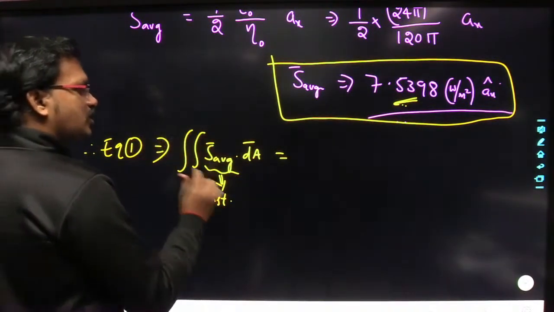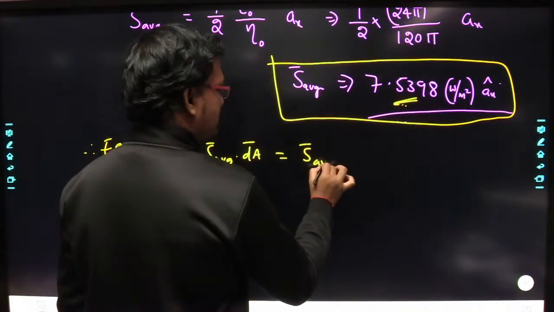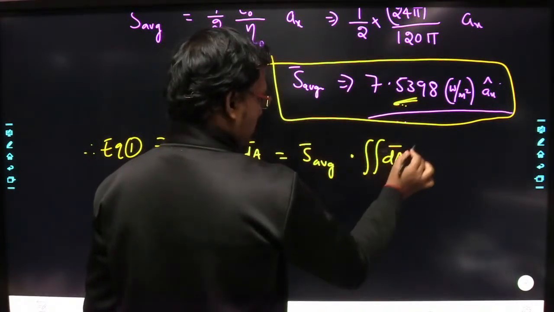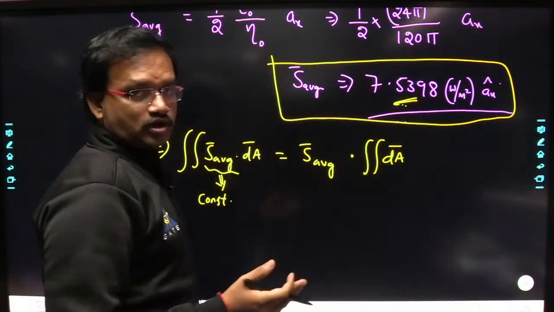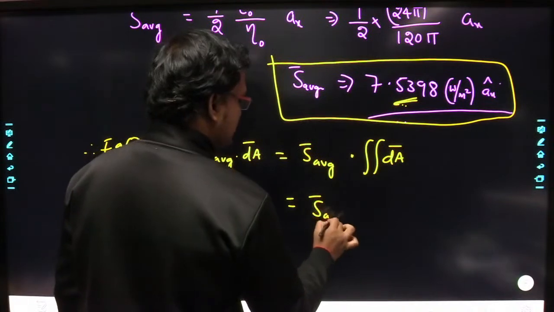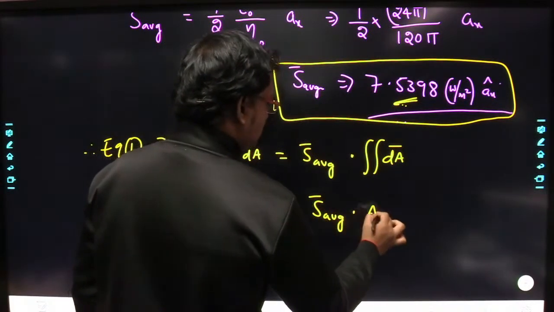So you can take it out of the integration and write S average dot double integral dA bar. The double integral dA bar gives you the total surface area, so I can write S average dot A bar.